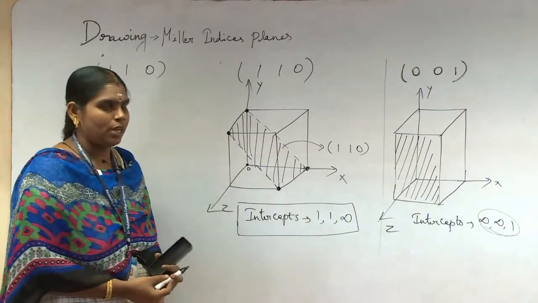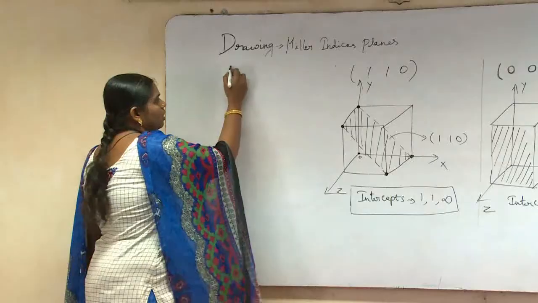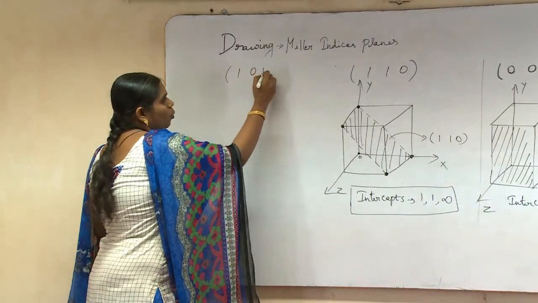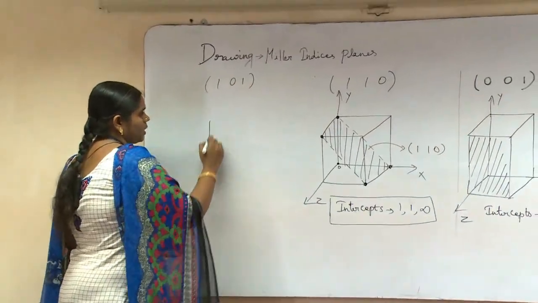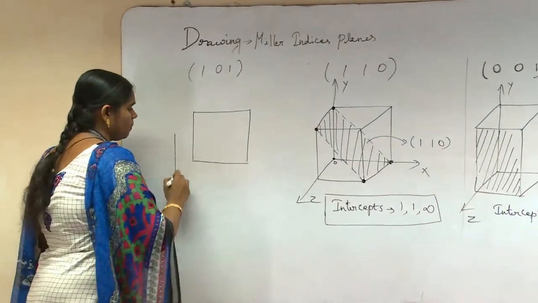Similarly, in order to recapitulate whether you have understood, we go for another plane, the 1, 0, 1 plane. So once again, how to go about it? First we draw a cubical lattice.